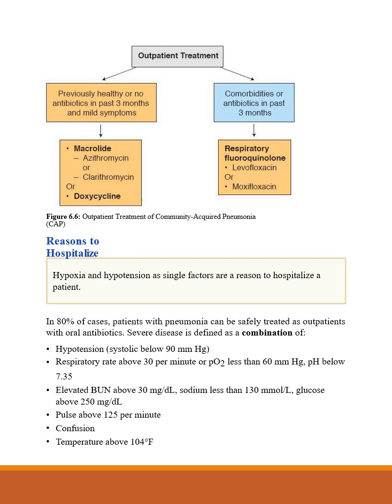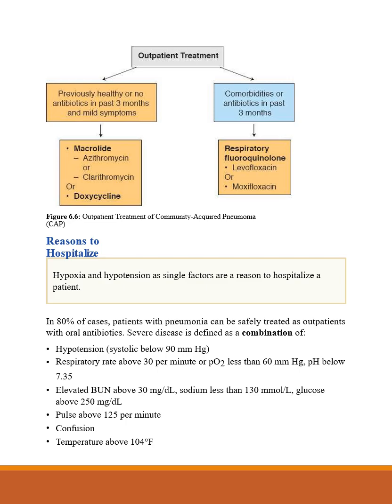So we give macrolides, azithromycin or clarithromycin or doxycycline. On the right side, we have comorbidities or antibiotics in the last 3 months. We give respiratory fluoroquinolones such as levofloxacin or moxifloxacin.